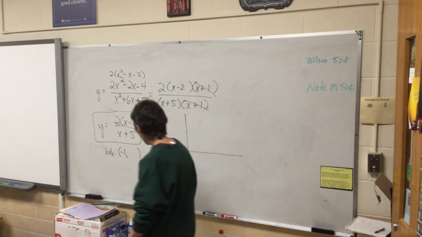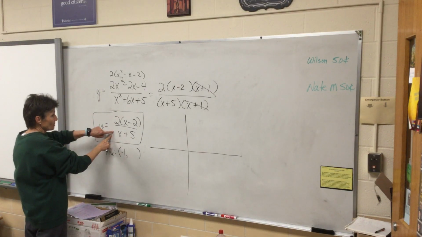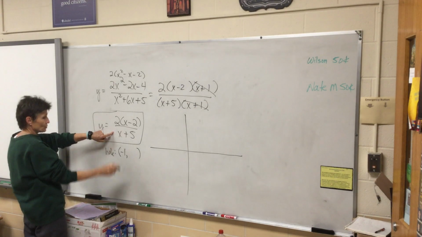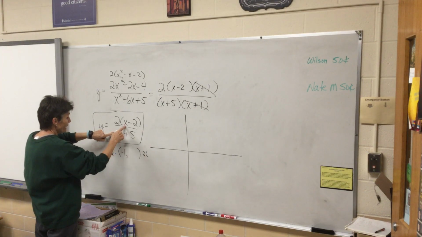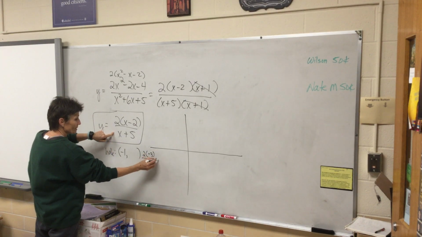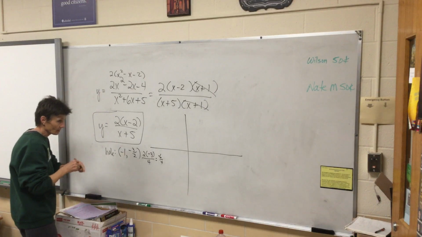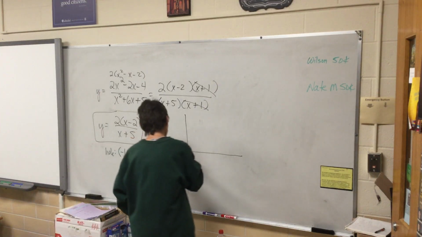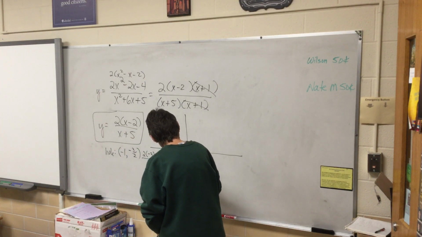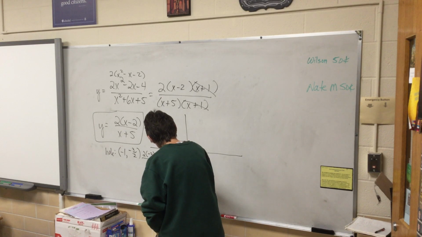Now, to get my y, I will plug that in right here. So I'm going to have 2 times -3 over 4. So that's -6/4, -3/2. So before I forget, I'm going to put my hole at -1, -3/2.